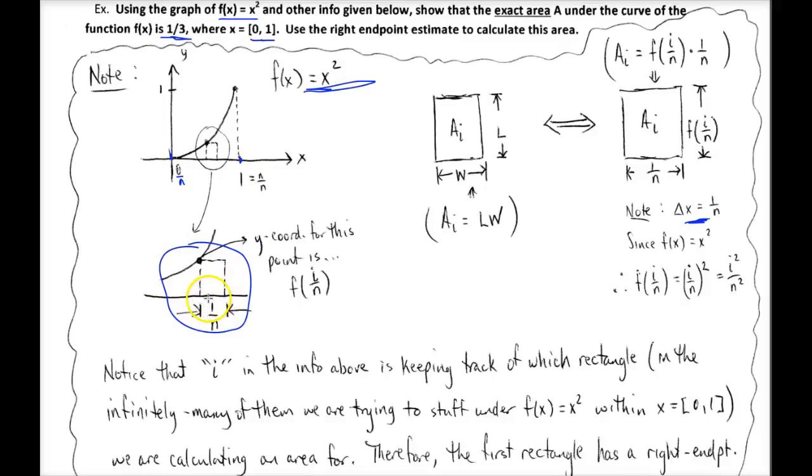So that's how we know that this ends up being 1 divided by n for any given rectangle. Of course, we know the area is just length times width. The height is going to be the height of the function at some I divided by n, which is our generic way of expressing what x value we're going to pick.